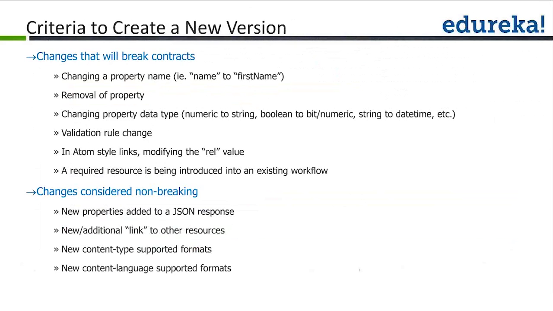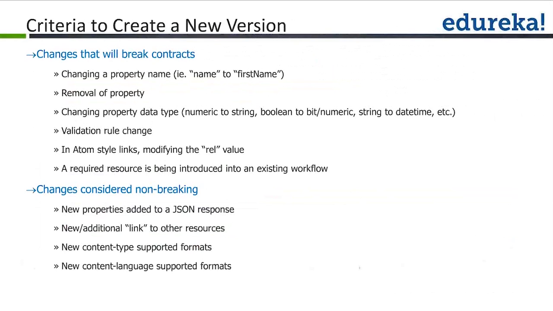So these are all the criteria for which you have to create a new version now. It will not be a minor change, because you have to let your clients know that this is the time to create a new version, and it will be a minor version or major version depending on how many clients you have, right? But still it will be a new version. From 8.1 you have to go to 8.2.